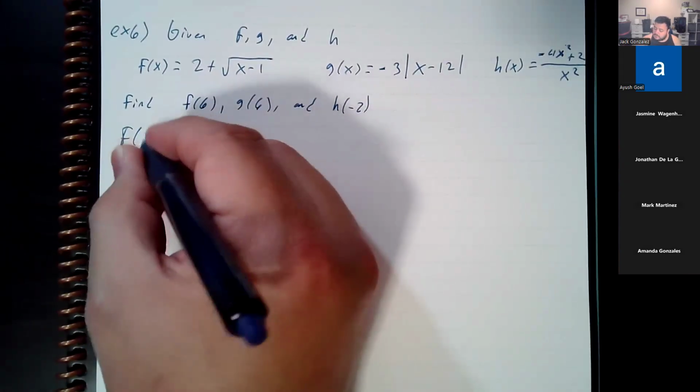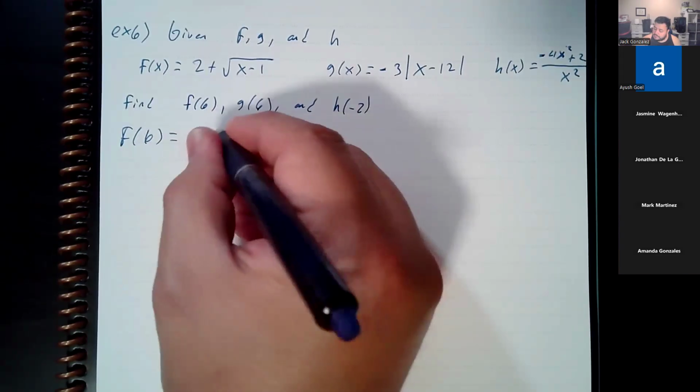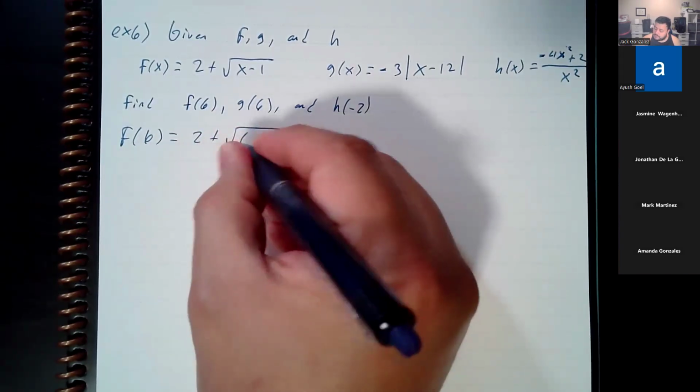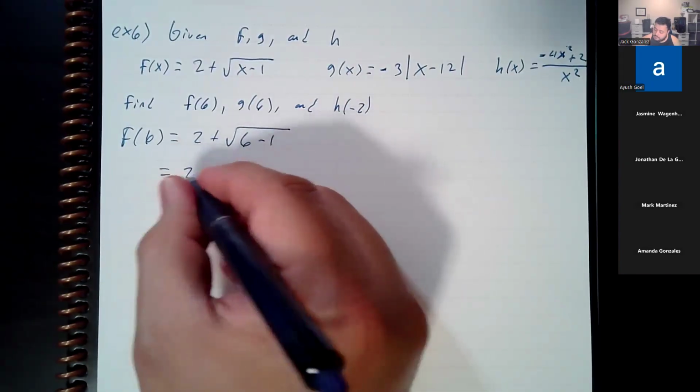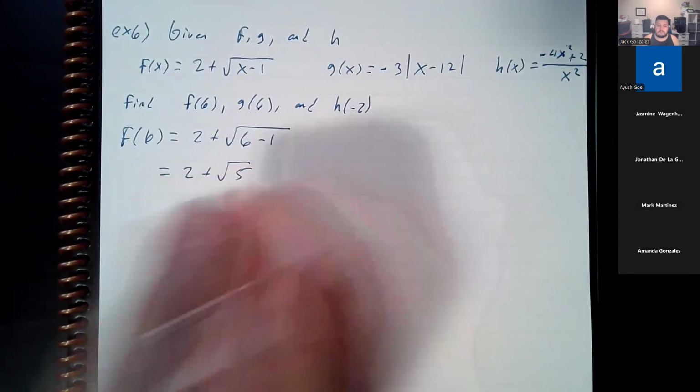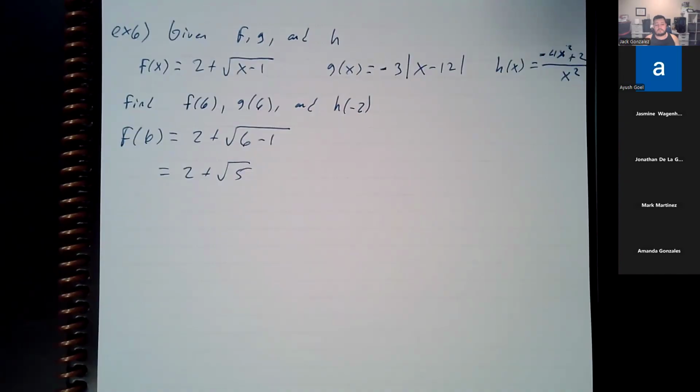So f of 6 will be 2 plus square root 6 minus 1, which is 2 plus square root 5. There's nothing else I can do.